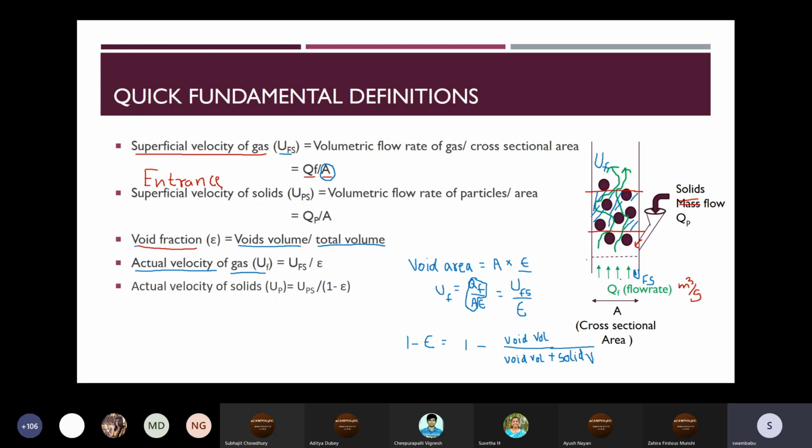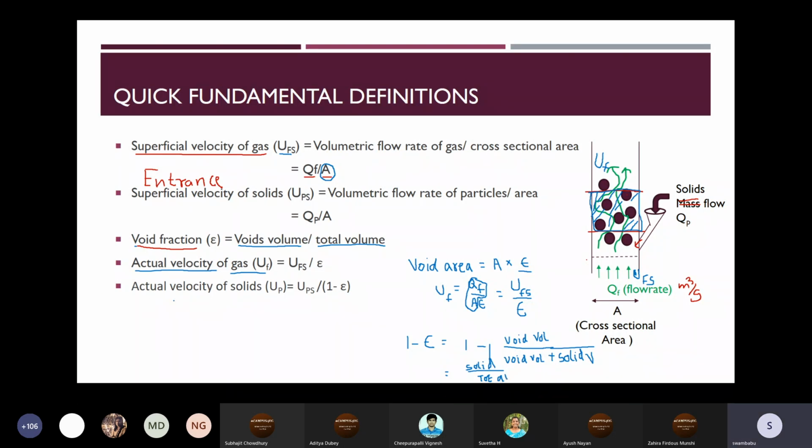In a given cross section, the total volume will be void volume plus solid volume. So what will 1 minus epsilon be? The void gets cancelled and I get solid volume by total volume.